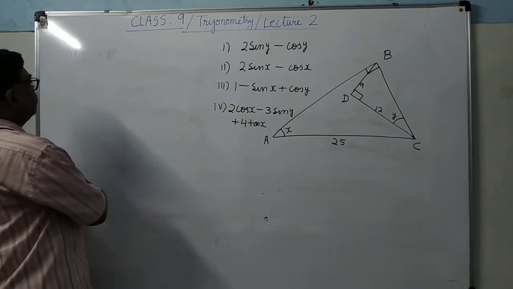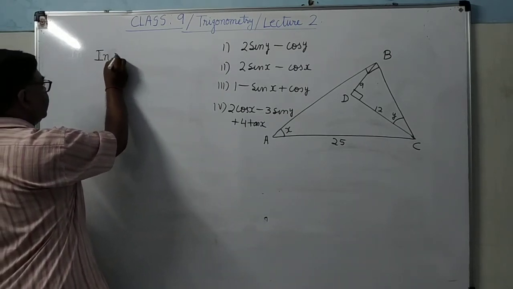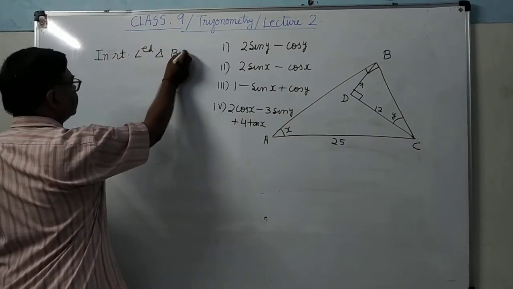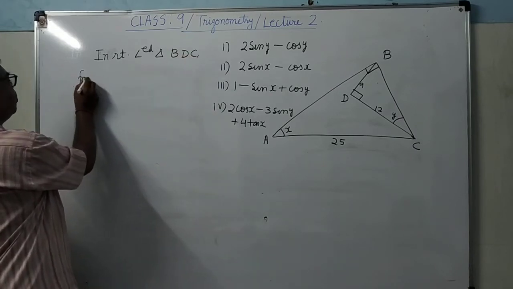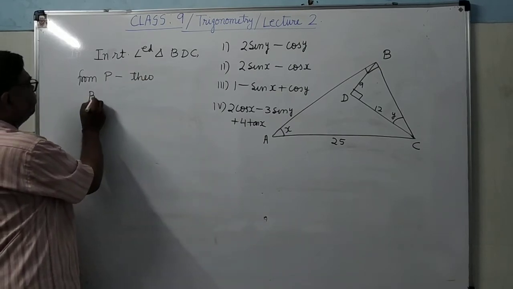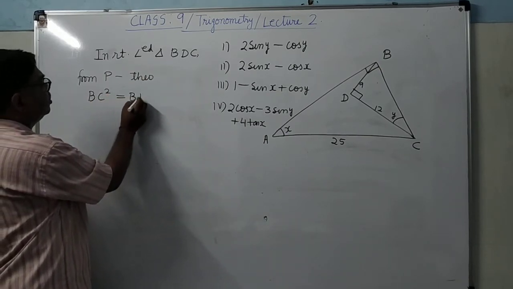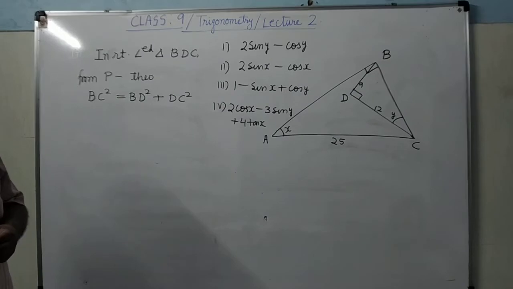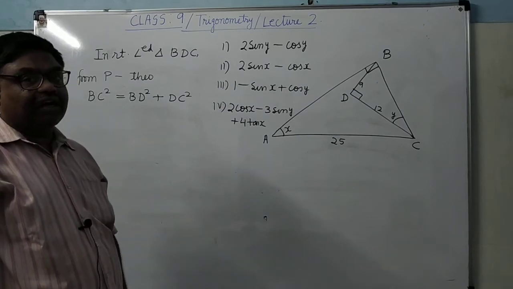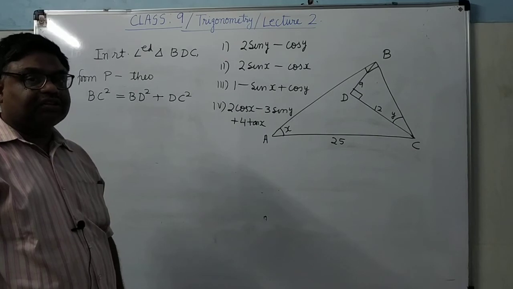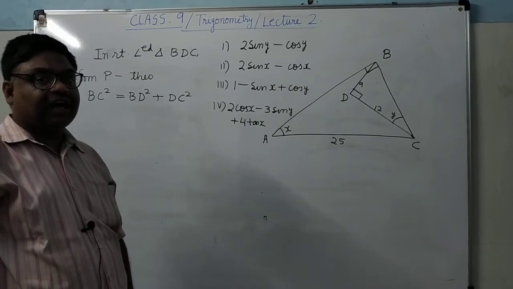It's clear? So in right angled triangle BDC, from Pythagoras theorem, BC square equals BD square plus DC square. What is Pythagoras theorem? The square of the side in front of the 90-degree angle, that is the hypotenuse, is equal to the sum of the squares of the sides containing the right angle.